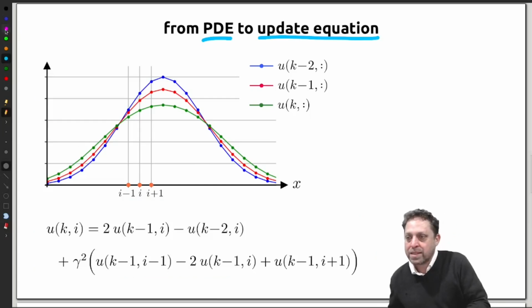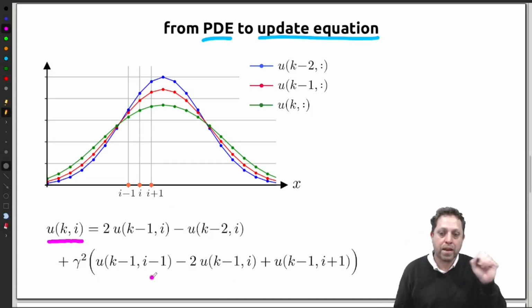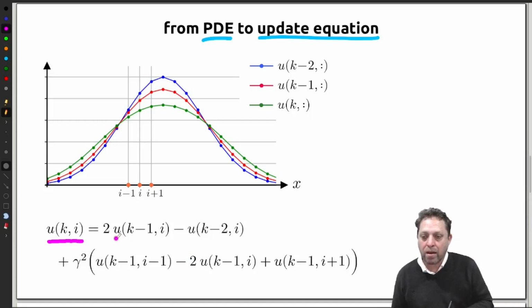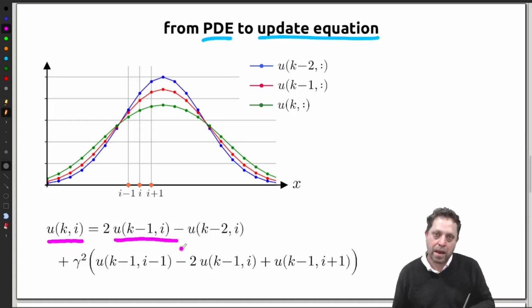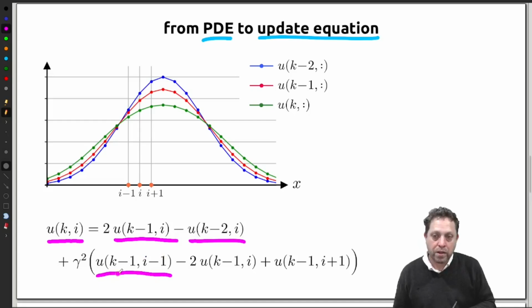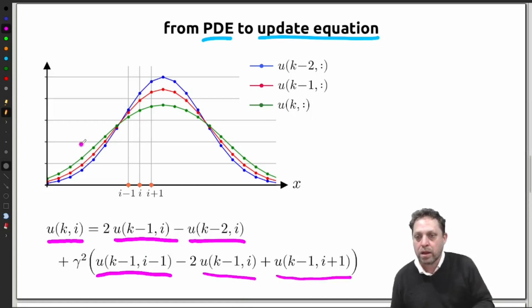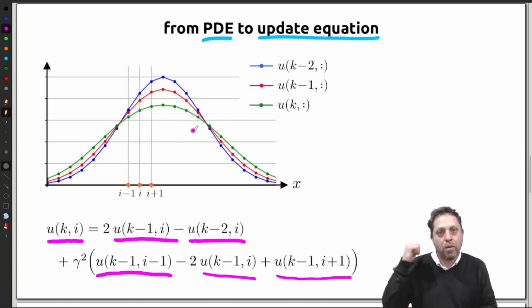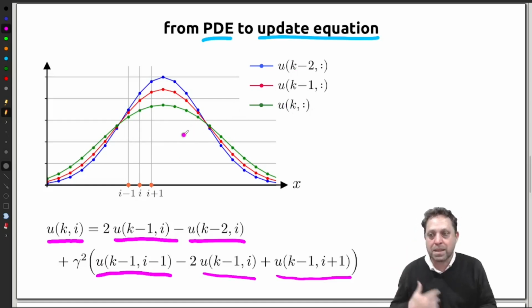So the update equation says that the value of U at some time k and location i will depend on the U at the previous time and location i, on the U at the time 2 steps ago and i, and also on the U at time k minus 1 and i minus 1, k minus 1 and i, and k minus 1 and i plus 1. So on this graph, we see this green line is the U at k, red is 1 time step ago, and blue is 2 time steps ago.